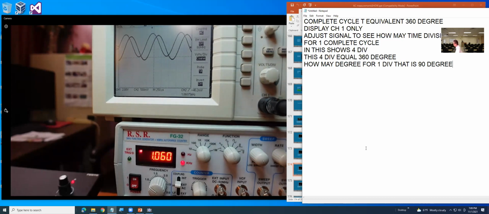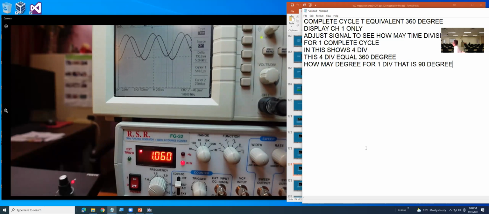If you don't want to do it that way, you can use the cursor. The top of the signal on channel 1 and the top of channel 2. Is that one, or 1 point something, or less than 1?